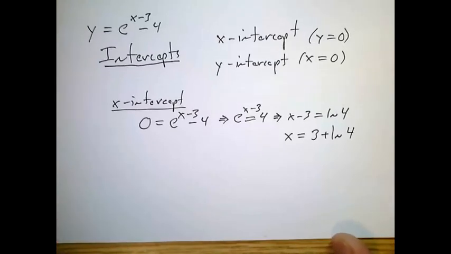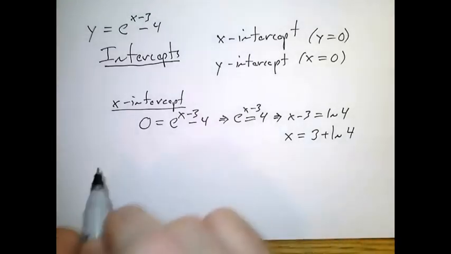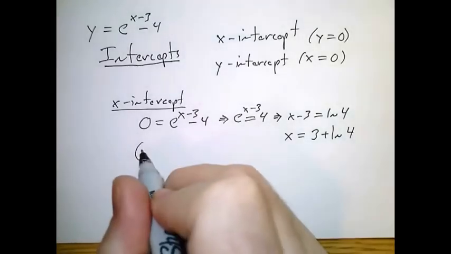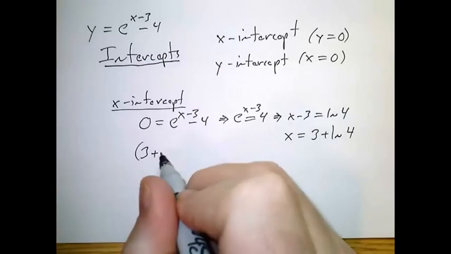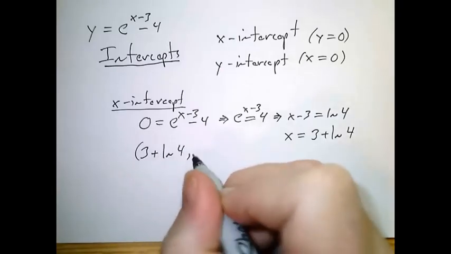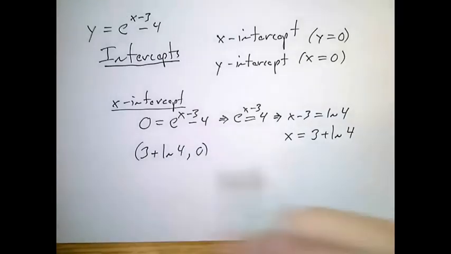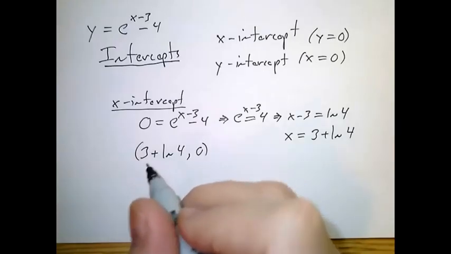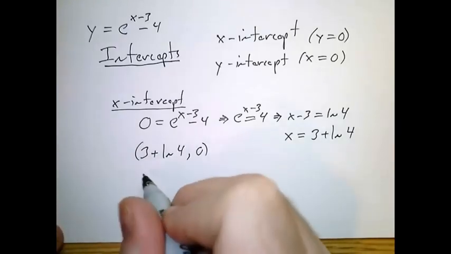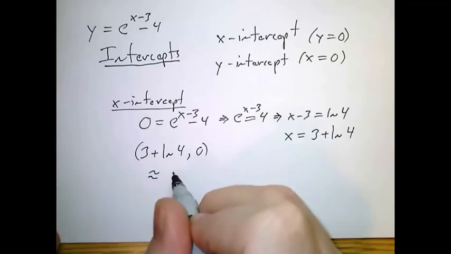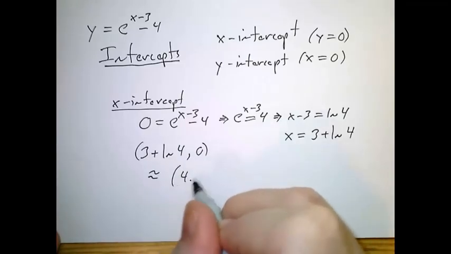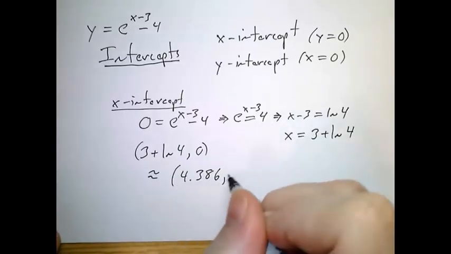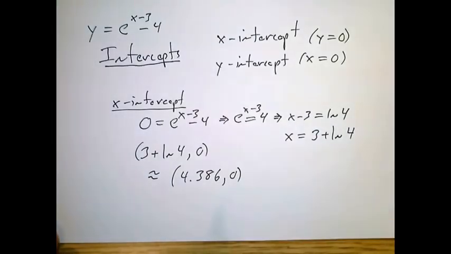I just have that from logarithms. So my x-intercept is the point 3 plus ln of 4 comma 0, and this is roughly 4.386 comma 0.